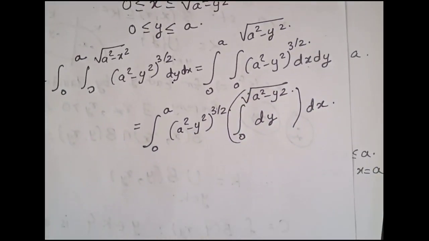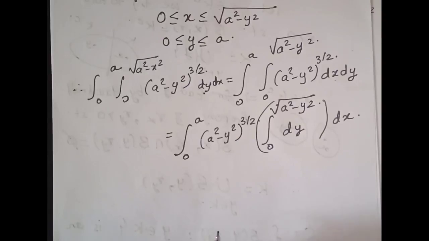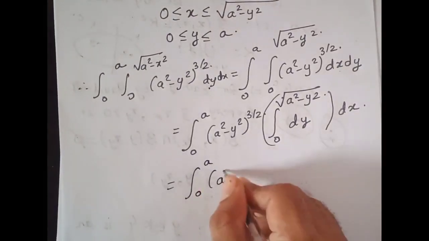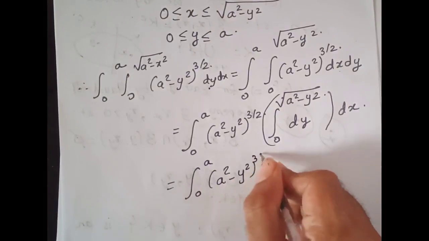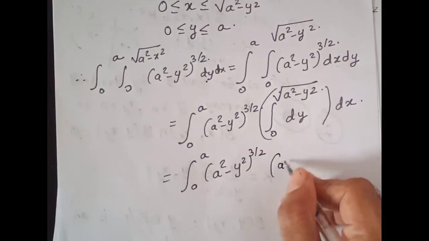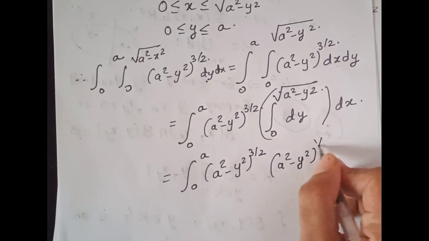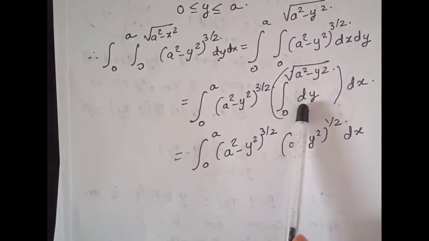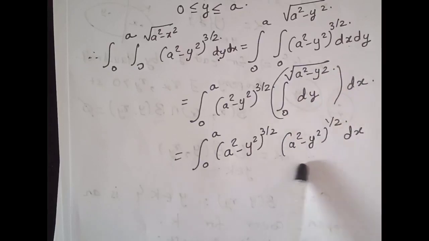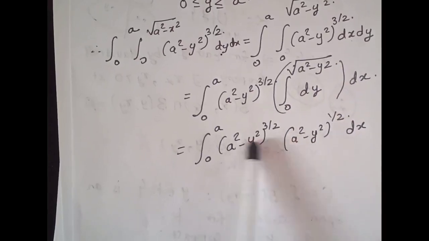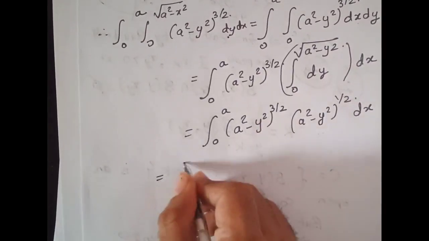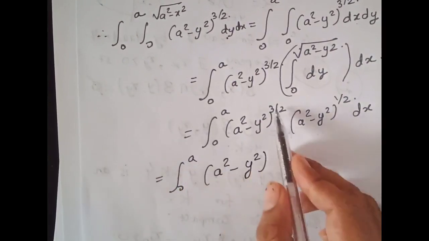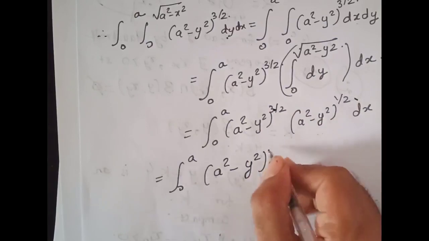Alright, so if we evaluate this integration, it will be nothing but 0 to a, a square minus y square raised to 3 by 2, and this will become a square minus y square raised to 1 by 2 dx. Okay, because this integration will be x, and upper limit minus lower limit will give us this. So adding the powers, finally we are reduced to 0 to a, a square minus y square, 3 by 2 plus 1 by 2, that is 4 by 2.